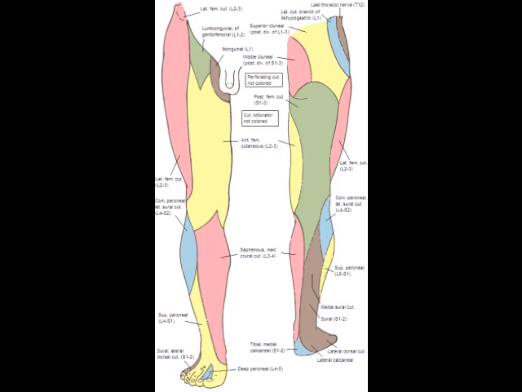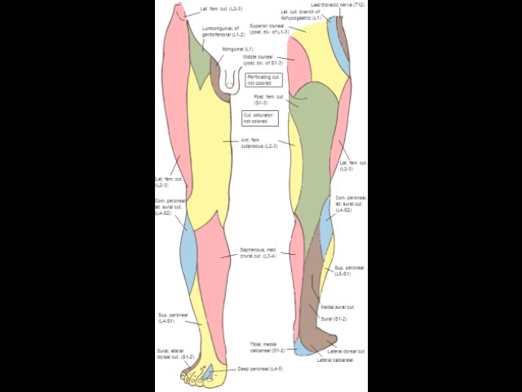And then on the green part right next to that, you see the posterior or back view of the femoral cutaneous nerve. And then to the inner part of that, you see the anterior femoral cutaneous nerve.